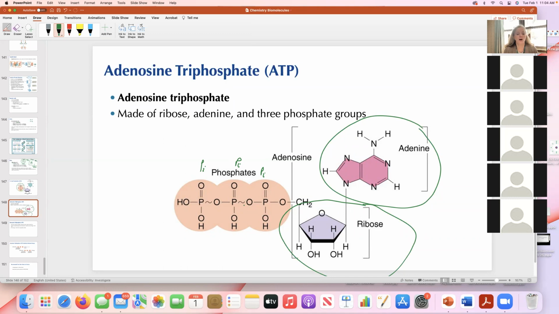Contained within all of these bonds on here, this bond right there and this bond right here. When we strip one of these bonds, it is full of energy. Okay, and that energy can be used to drive all kinds of reactions in the body.